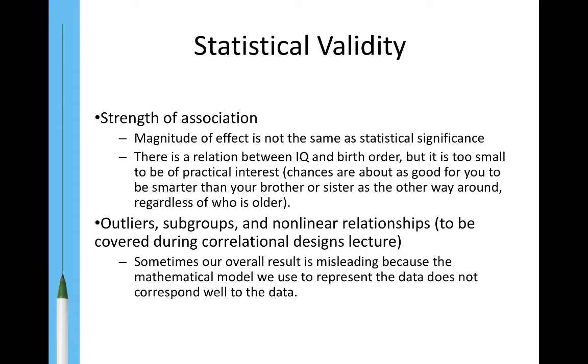If you have a brother or sister that's older or younger, the chances are about 50-50 that they'll score higher on the test than you, and 50-50 that you'll score higher than they do, regardless of who is older. So even though it's there, it's very, very small. It's like the difference between 10% in the no therapy group for smokers and 10.5% or something like that in the therapy group. It's so small that it's nothing to write home about.